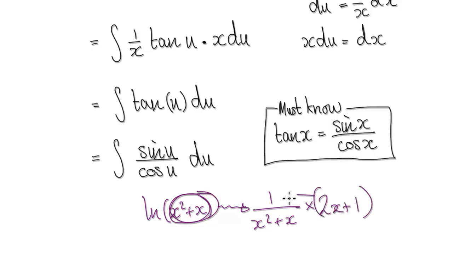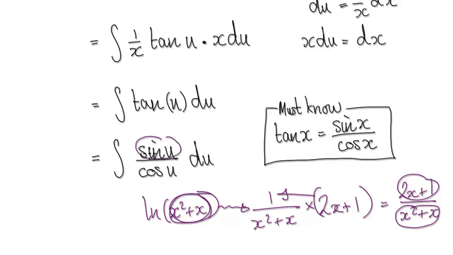And then this gets multiplied to the top, giving you 2x plus 1 over x squared plus x. Notice that this is near enough the exact derivative of this.